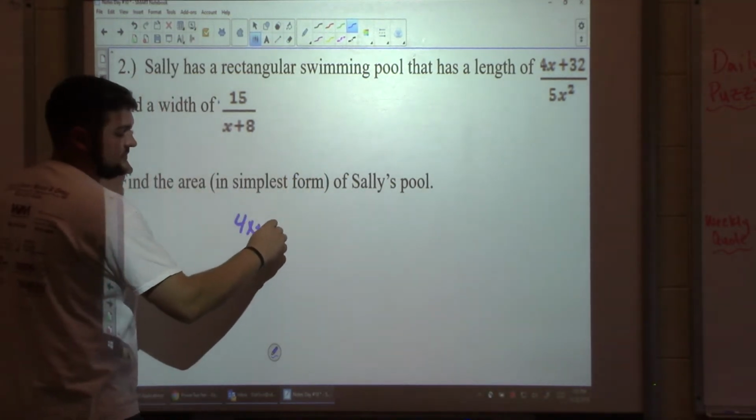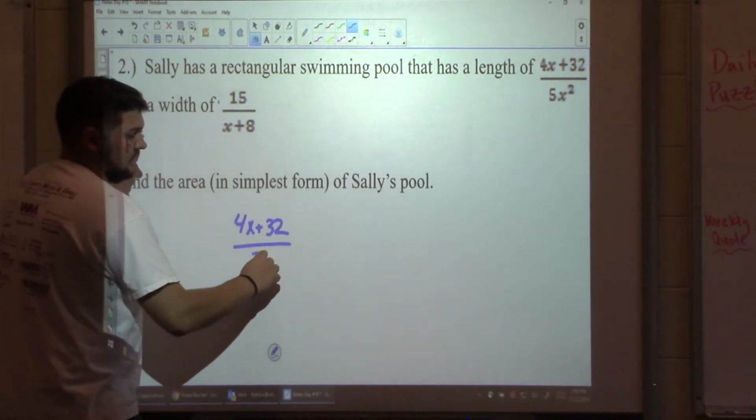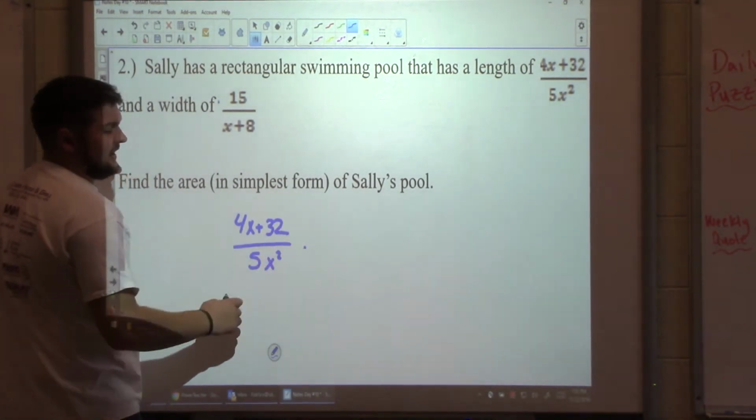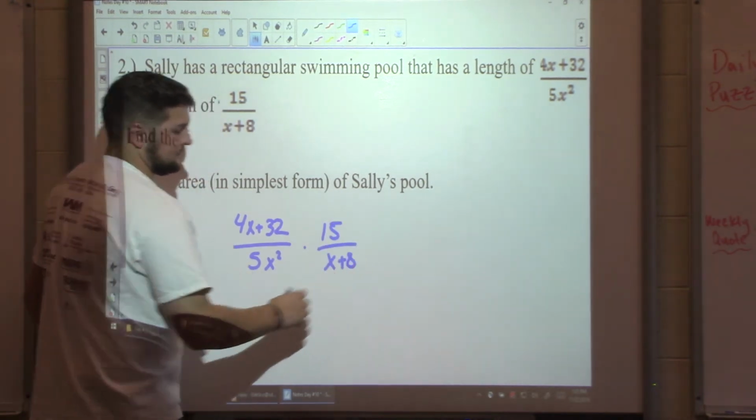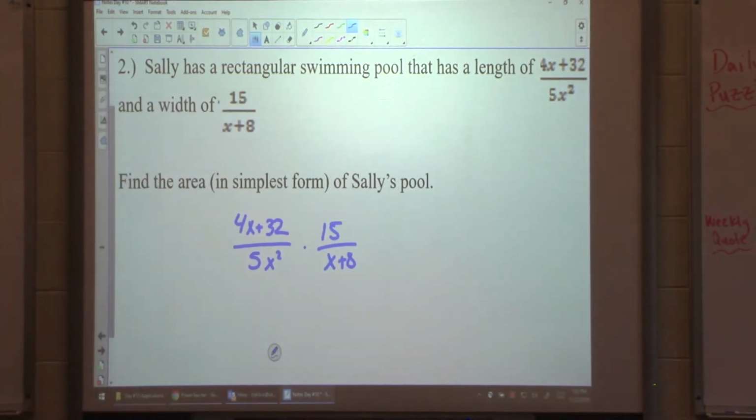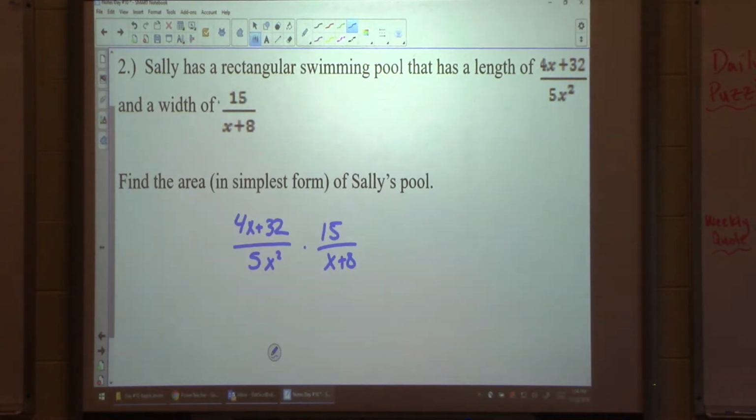4x plus 32 over 5x squared times 15 over x plus 8. When I multiply, Abby, what should my first step be? Not simplify. Factor first.